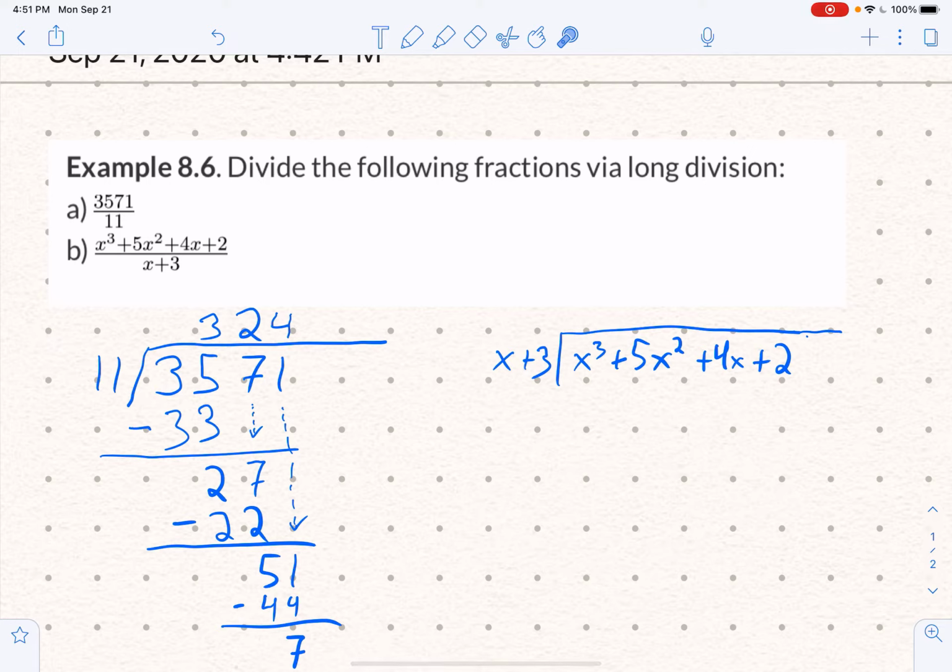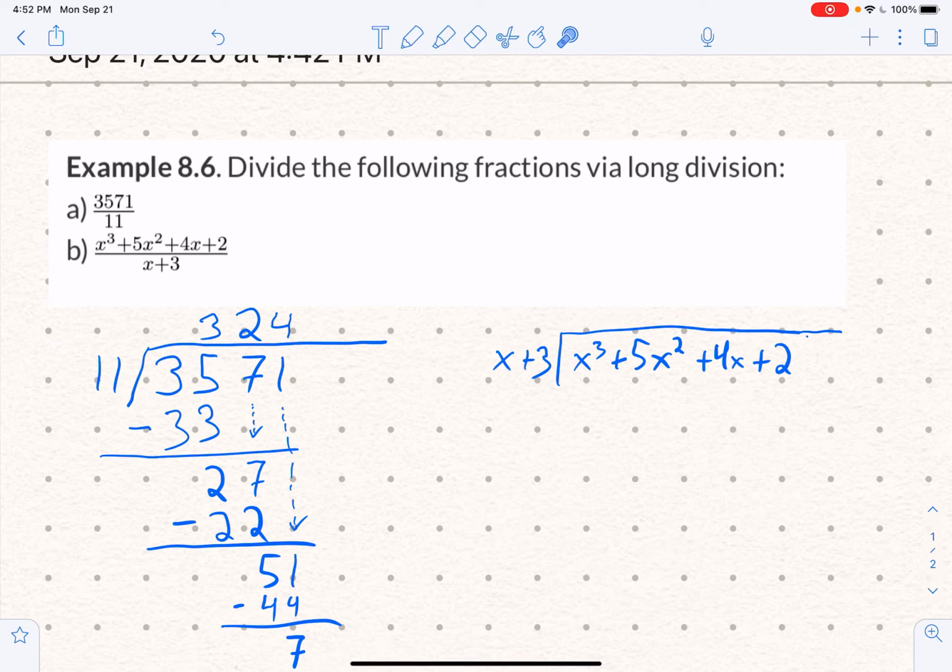In this case, it was 11. In this case, it's x plus 3. But structurally, when you're doing division of numbers, it's very important that you deal with the individual digits, and sometimes combine them together, looking at 2 digits in a row or 3 digits in a row. The digits are the main thing here. Whereas over here, it's not the individual digits, it's the terms.